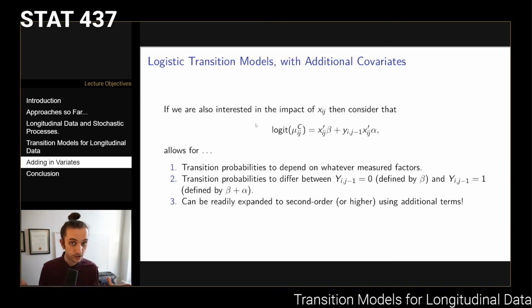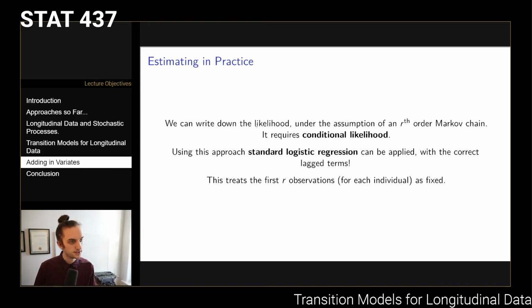So we can test whether factors matter. We can test whether a first order Markov chain seems appropriate because the first order model is nested within the second order model and so on, right? So this gives us a really powerful way of framing these transition probabilities. So in practice, if we write down that likelihood expression based on assuming a logistic regression, right?